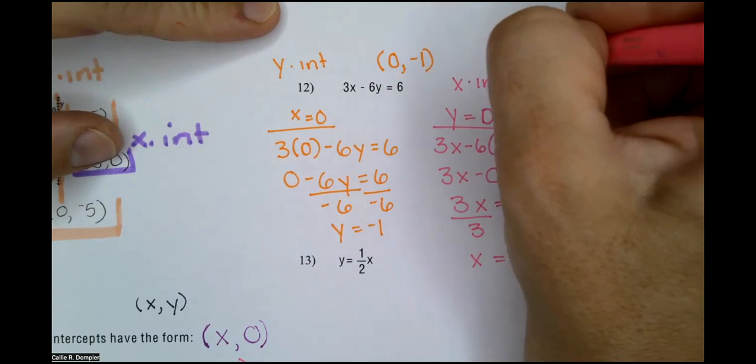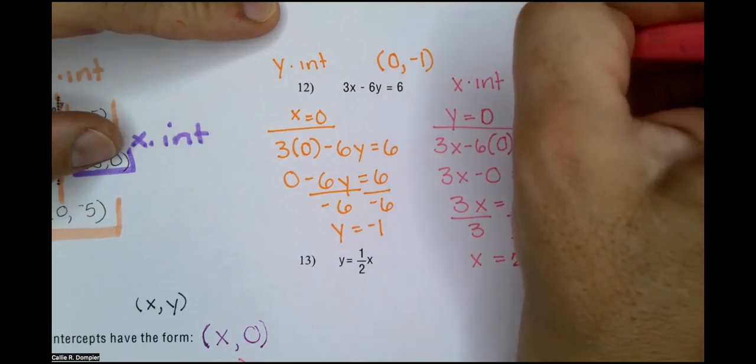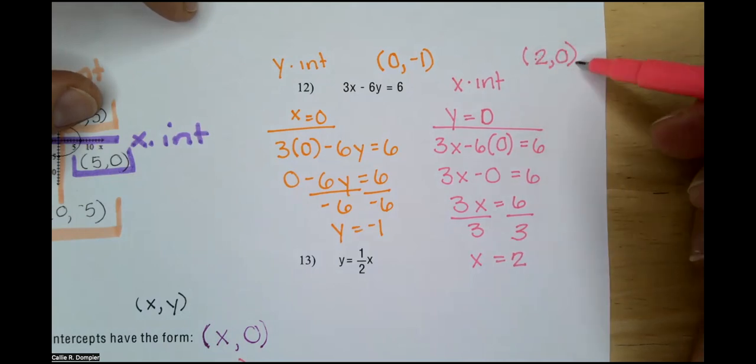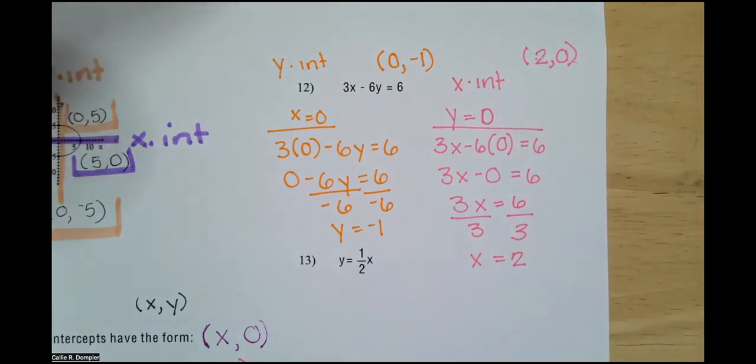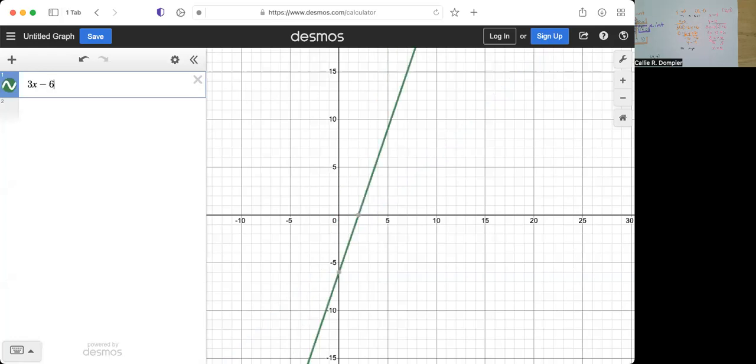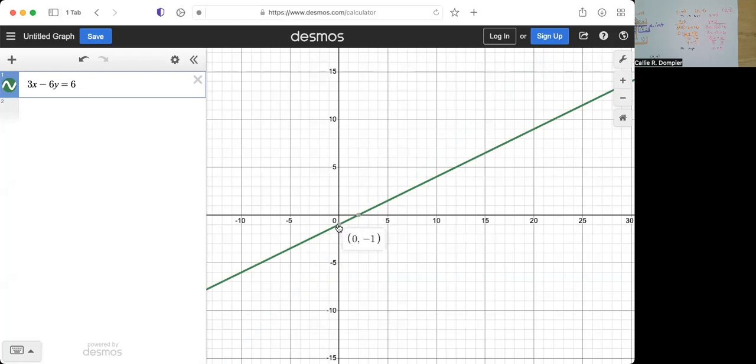So that's the point 2, 0. Good. 3x minus 6y equals 6. 0, negative 1, 2, 0.